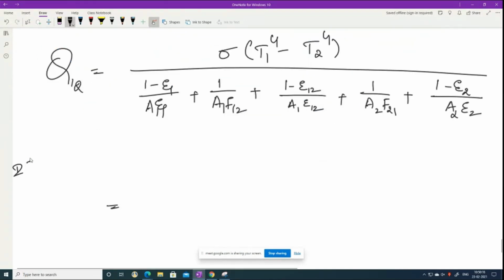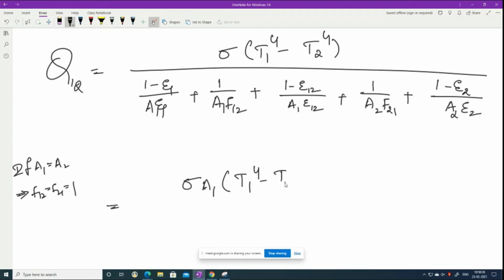If A1 is equal to A2, that implies F12 is equal to F21 is equal to 1. Then what you get in the numerator is sigma into A1 into T1 to the power 4 minus T2 to the power 4, divided by 1 minus epsilon 1 and all those terms.